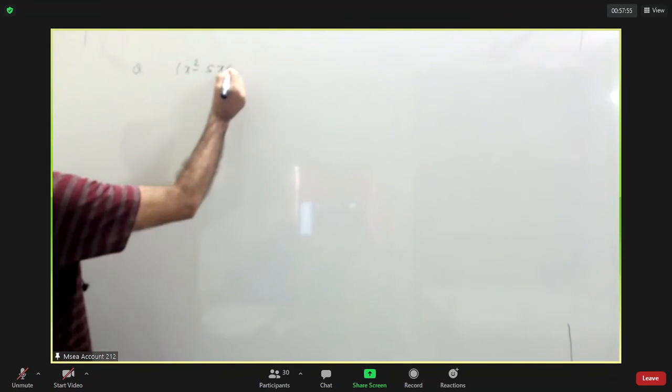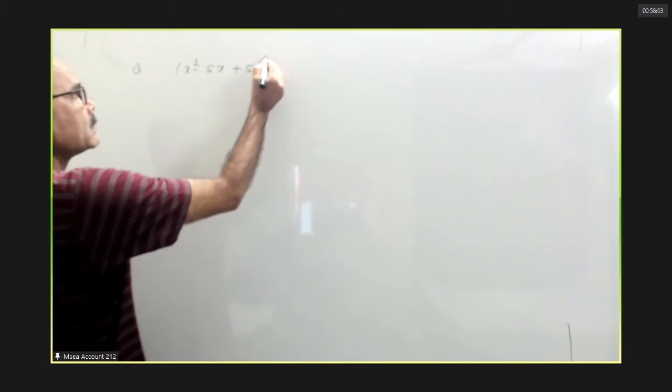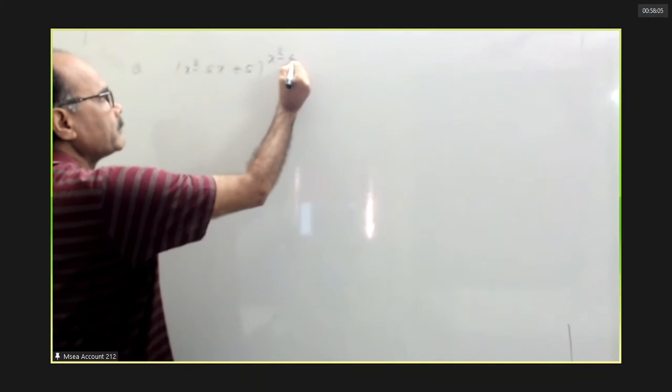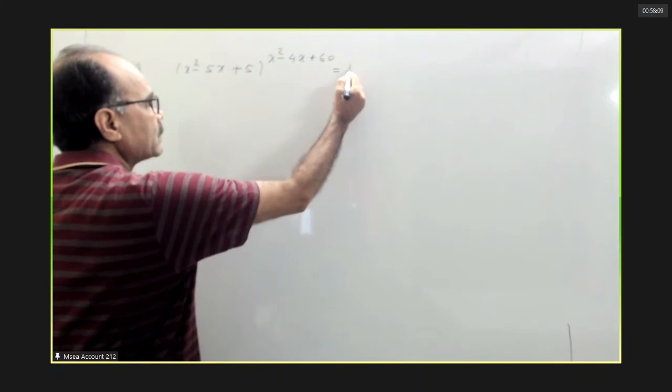(x square minus 5x plus 5) whole to the power (x square plus 4x minus 16) equals 1.